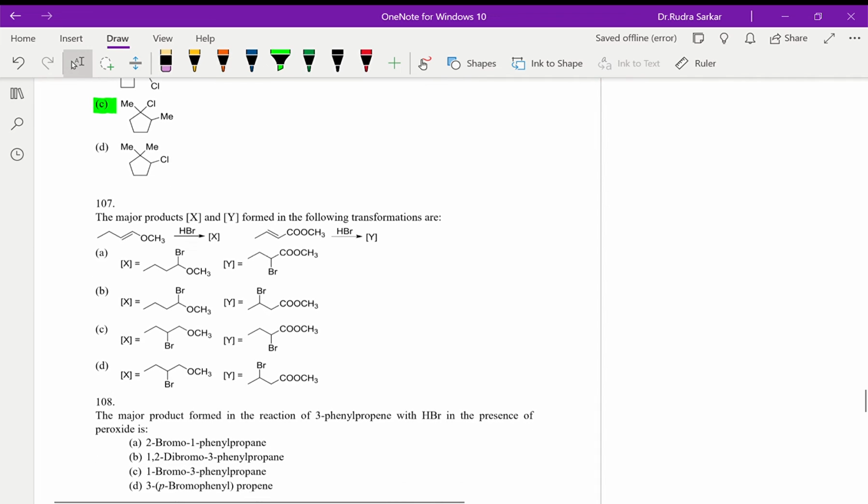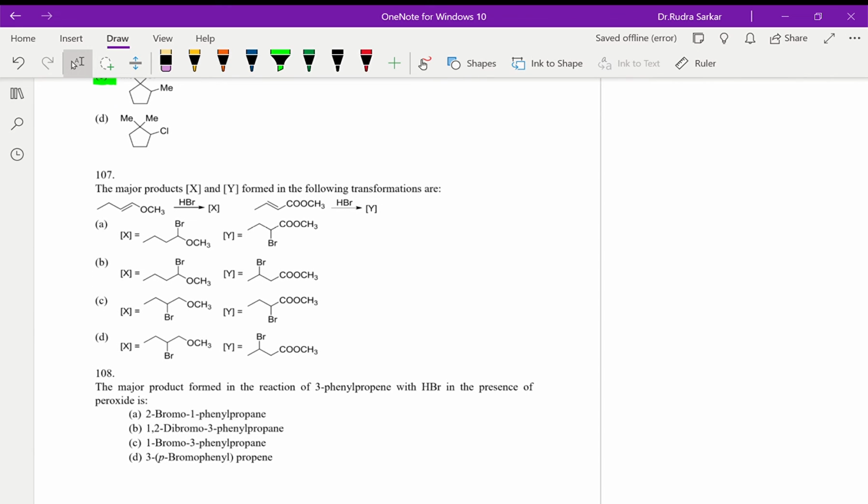Now, question number 107. The major products X and Y formed in the following transformations are, we have to find out. Okay. So over here, we'll take the molecule and we will add HBr. So this is basically undergoing electrophilic addition reaction. So over here, it adds the proton.